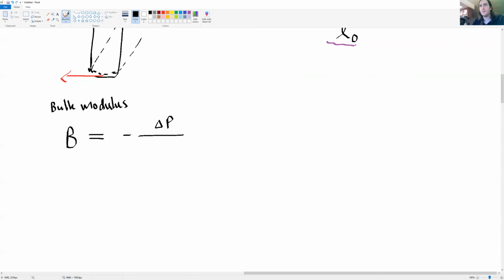B equals minus delta P over delta V over V0, like so. And now it's very crucial here that we talk about pressure, okay? So this is a change in, not pressure, but a change in pressure.